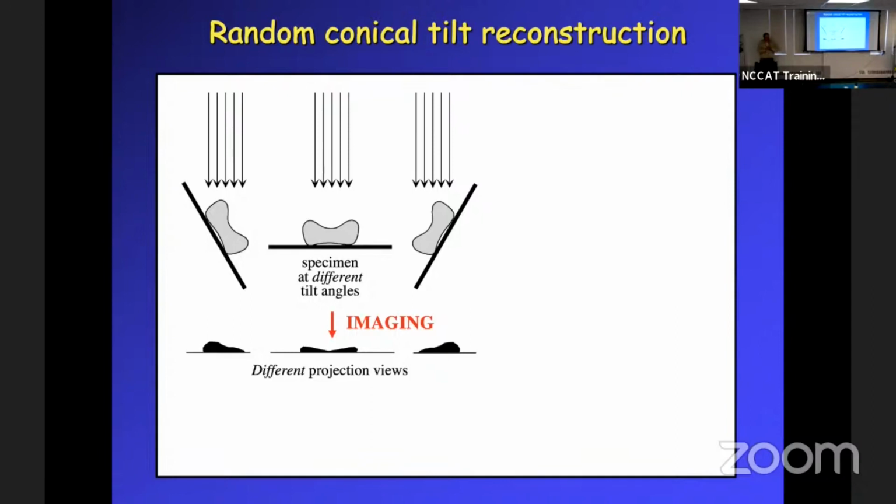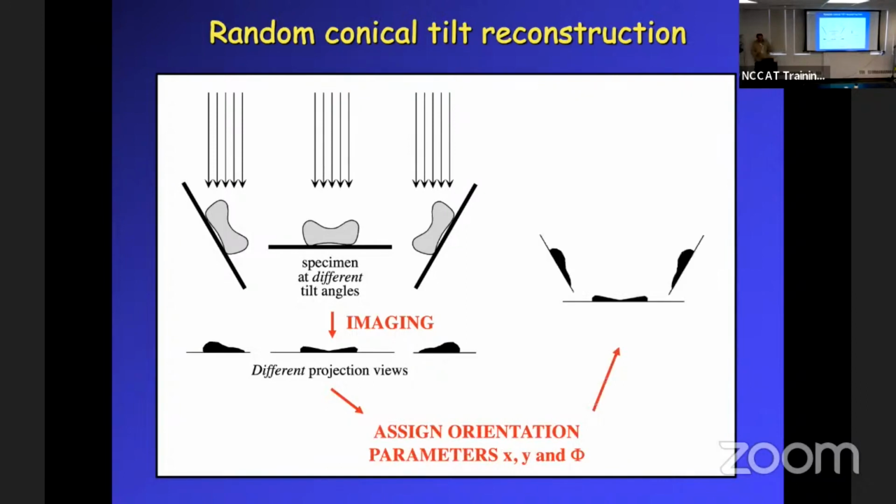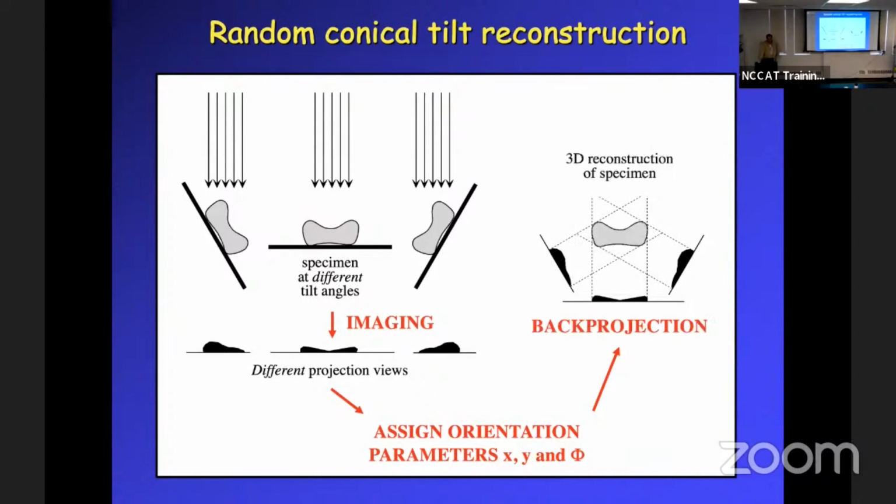So the geometry of these particles was totally defined, and so it was very easy to assign the orientation parameters, and that allowed you then to basically align these projections in 3D space in the right orientation, and then you just shine light through these projections and they will carve out a 3-dimensional reconstruction of your protein. So that was the first way how people defined a 3-dimensional map.